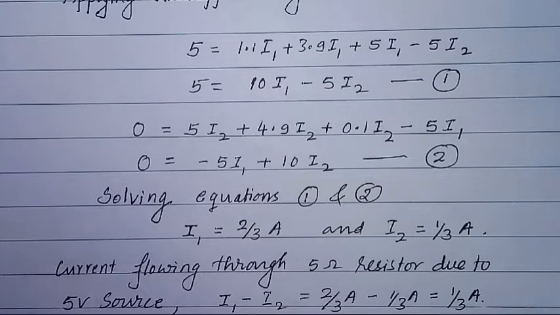Next, what we will do is we will replace 5 volt source by its internal resistance of 1.1 ohm and find current through 5 ohm resistor due to 10 volt source.